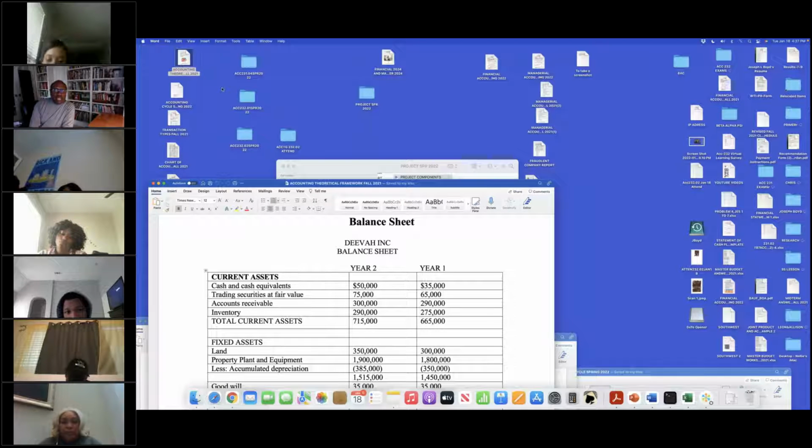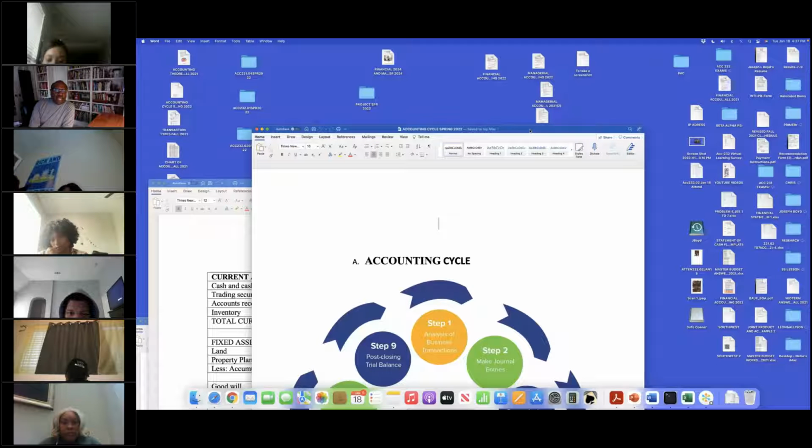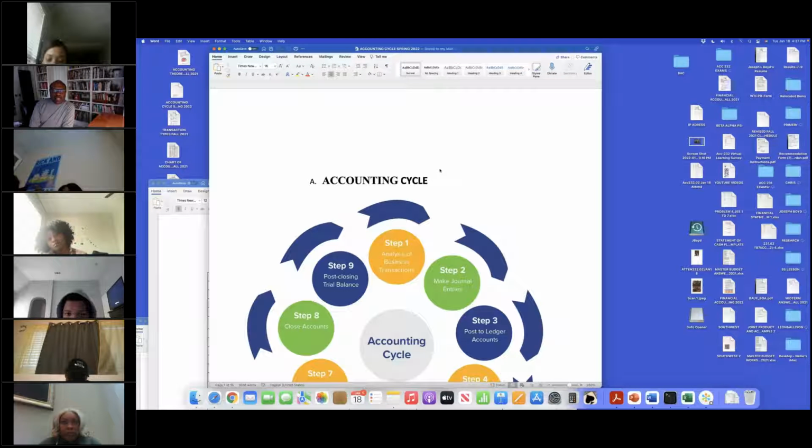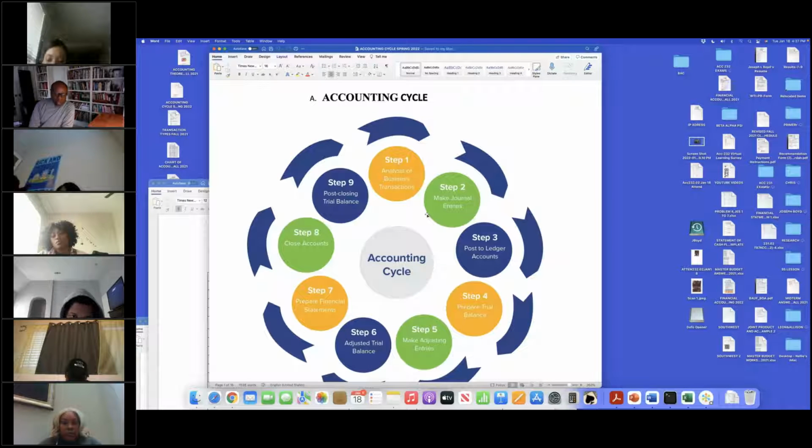The way that we get to financial accounting is there's an accounting cycle that starts with analyzing every financial transaction, making journal entries, posting to the ledger, preparing a trial balance, making adjusting entries, a final trial balance, and preparing the financial statements. So you don't just prepare financial statements.